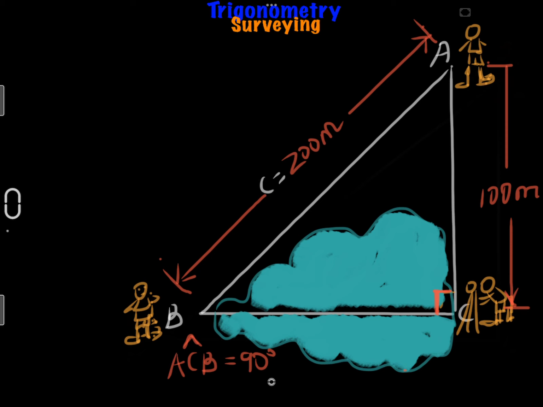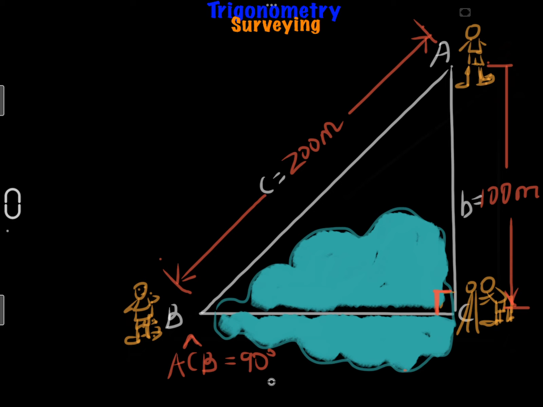So we have C. We can identify 200 meters as our hypotenuse, which in this case is the longest side of this right angle triangle. And then we need to identify another side, the side opposite angle B. In this case, this side is actually 100 meters.